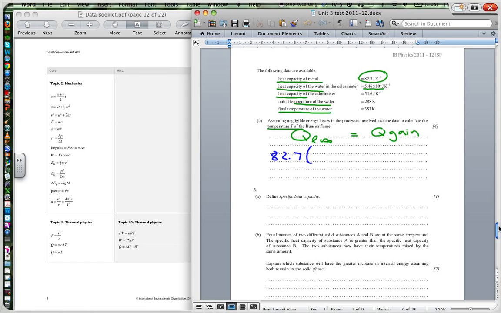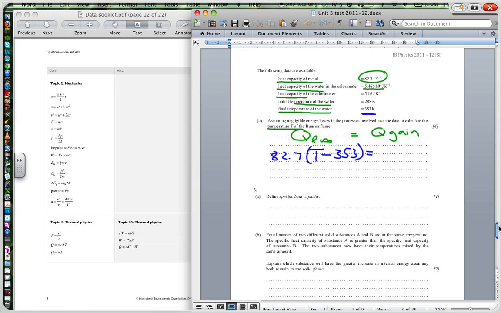Now we know that the final temperature of the water is 353, and because the metal was put into that, we would assume that the final temperature of the metal was also 353. So your initial temperature minus 353 will give you the change in temperature for the metal, and therefore when we multiply that by 82.7 we'll get the heat that was lost by the metal.